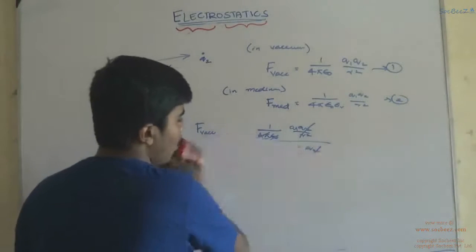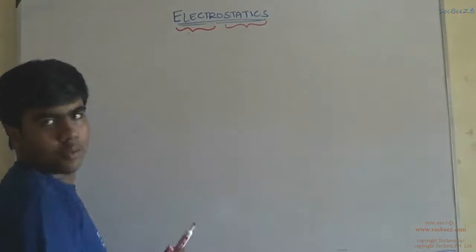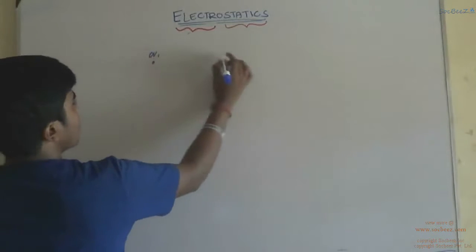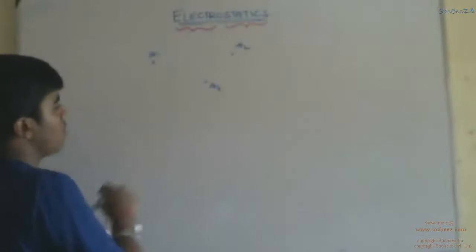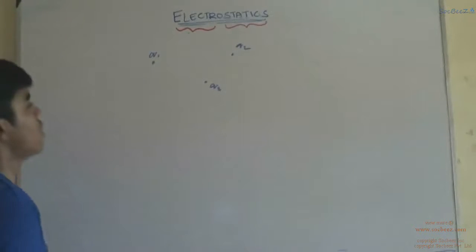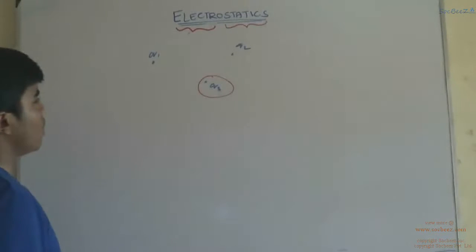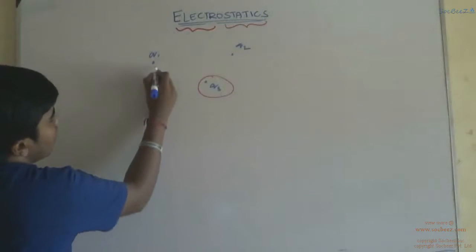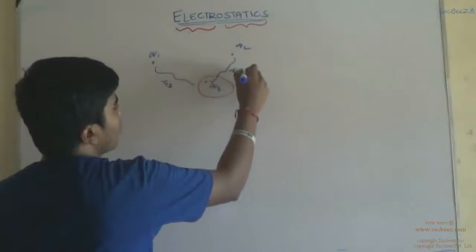Now it was okay when we had two charges. Now what if we have more number of charges, say Q1, Q2 and Q3. Now how do we find the force on Q3 in this particular arrangement? Let this distance be R13 and this distance be R23.